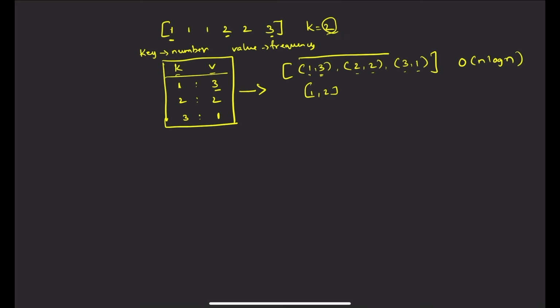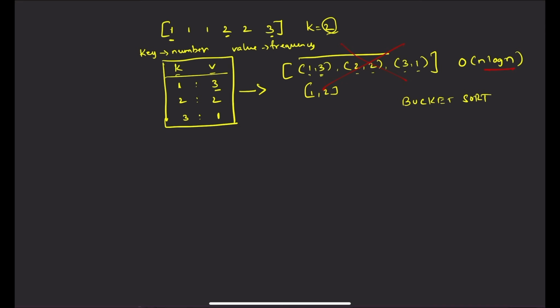What if I don't want to sort and avoid this n log n complexity? Can I avoid sorting altogether and still find the top k frequent elements? Instead of sorting, can I probably group these elements by how often they appear, by their frequency, and grab the top ones directly? That's where the idea of bucket sort comes in.